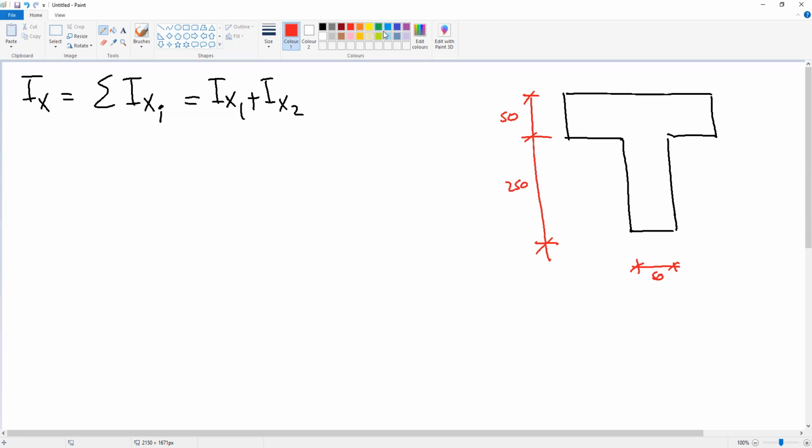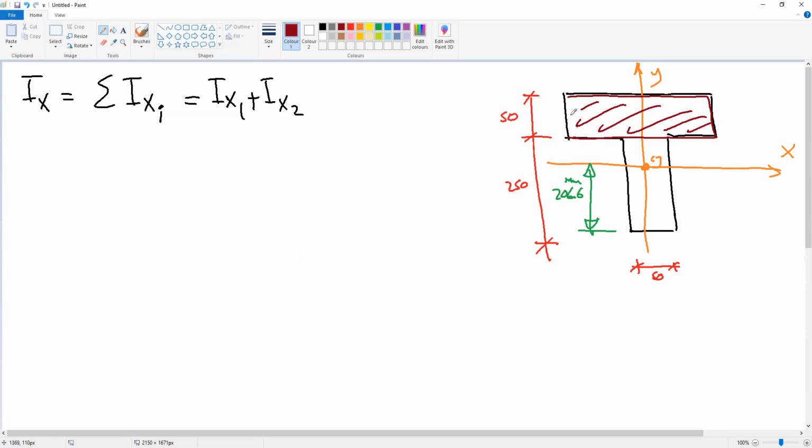We have the x-axis and y-axis, and this is our centroid. The location of the centroid we know already, it is 206.6 millimeter, and we have subdivided the area into 2 areas. The first is area 1, and the second is area 2.